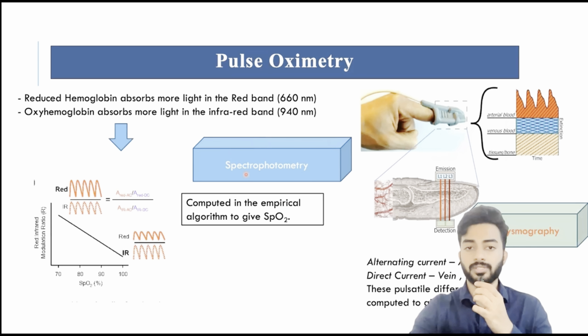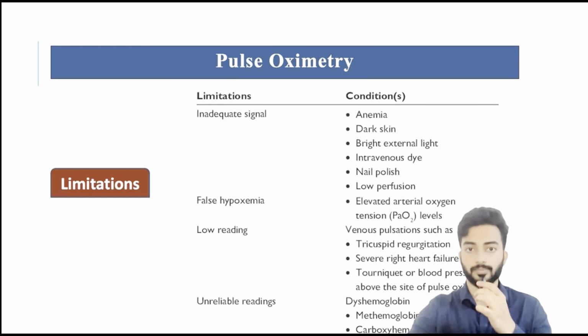So the combination of spectrophotometry and plethysmography gives you the final pulse oximetry value. Basically, the alternating current is measured from the artery and the direct current is measured from the venous tissue. These pulsatile differences are computed to give you a SpO₂.